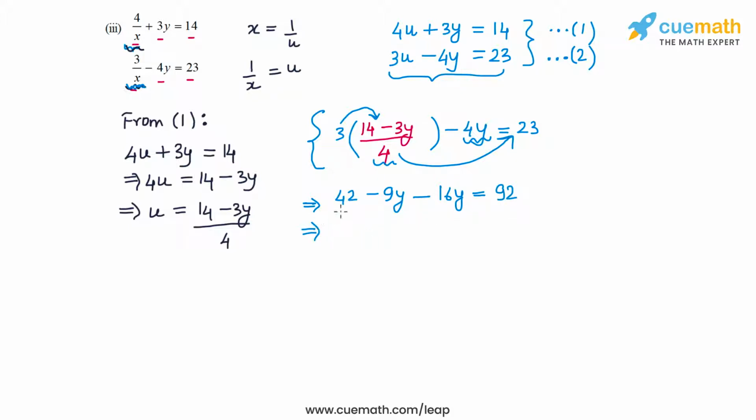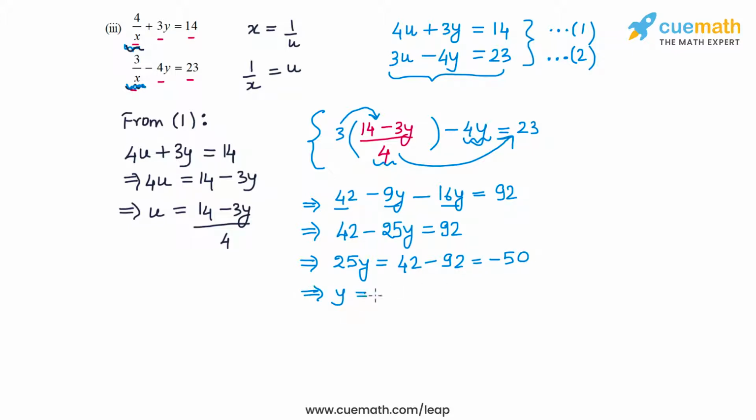So now we get 42 minus 9y minus 16y, or 42 minus 25y is equal to 92, and this means that 25y is equal to 42 minus 92, which is minus 50, and this means that y is equal to minus 50 by 25, or minus 2.